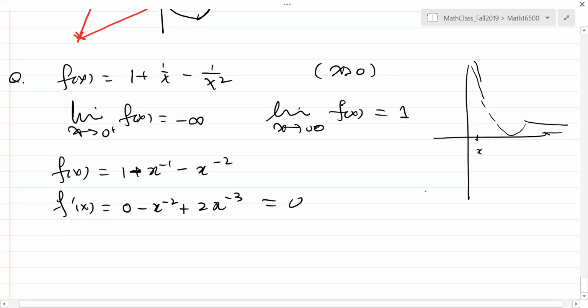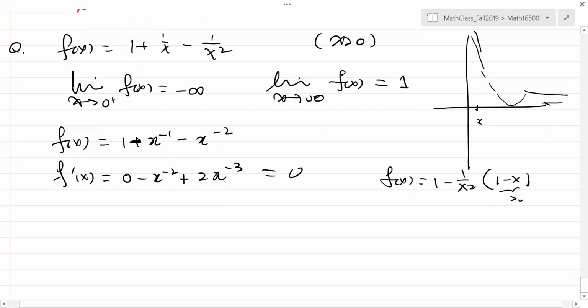Because when x is getting close to 0, I take negative x squared out. So it's 1 minus x, and this term is positive, getting close to 1. So negative 1 over x squared approaches negative infinity. Okay, this is the idea.